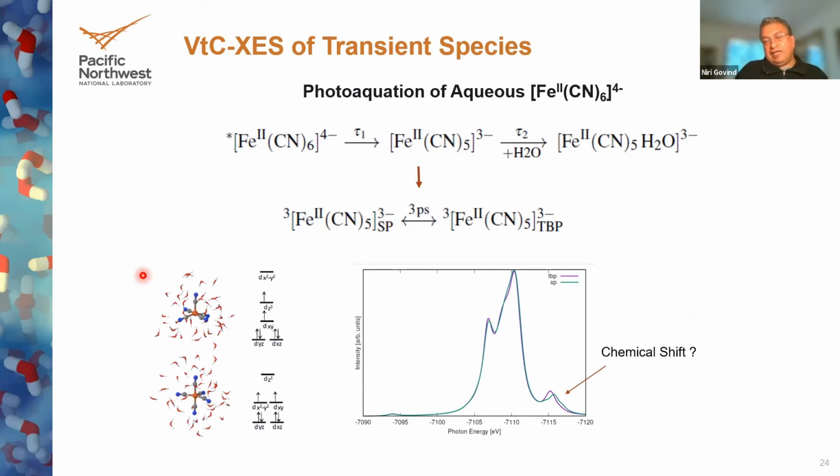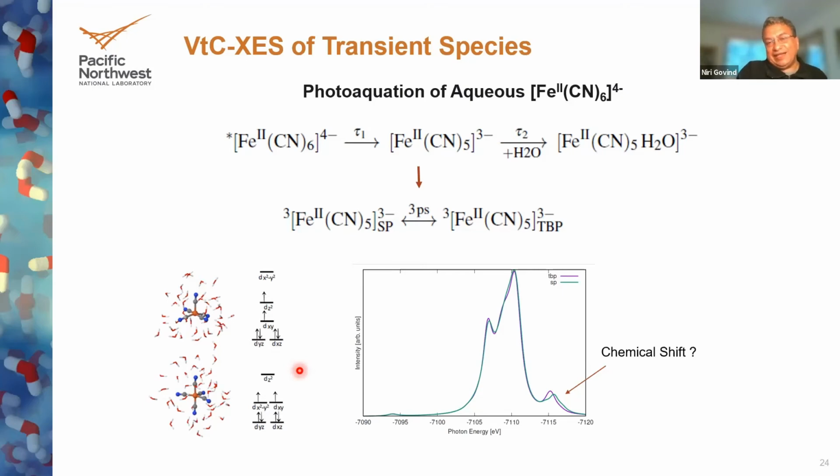It's always interesting when you have a theory that is reasonably accurate: can it make a prediction that you can actually pose to an experimentalist to go off and measure? So we were curious to see if these two isomers that you see, the square pyramidal and the trigonal bipyramid isomers, reveal anything different when you probe them with a valence-to-core X-ray emission probe.